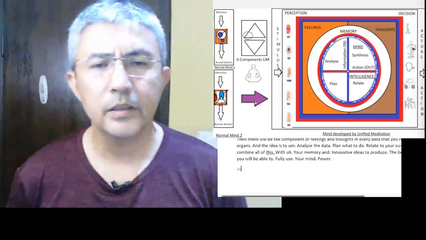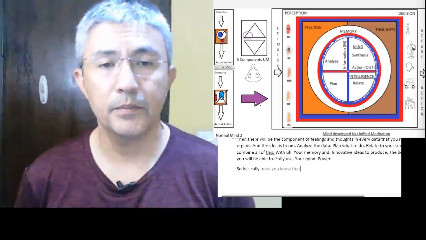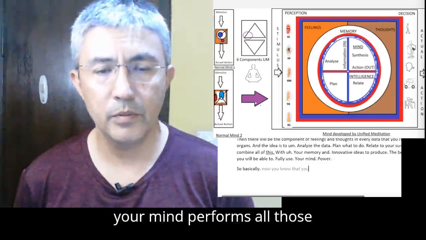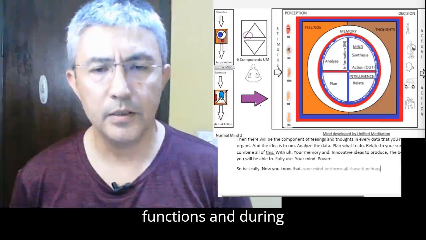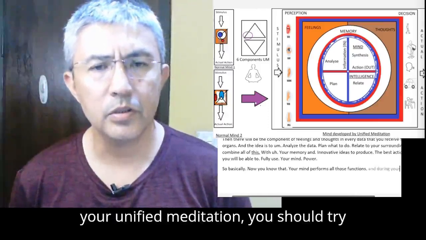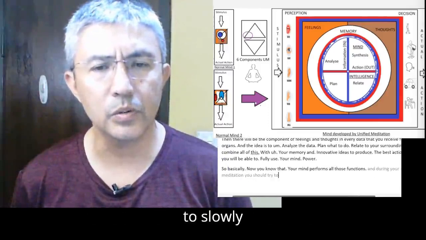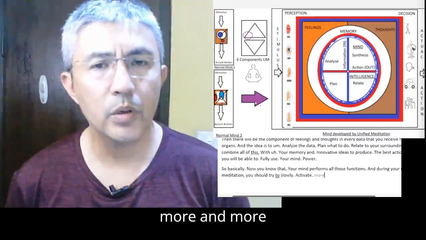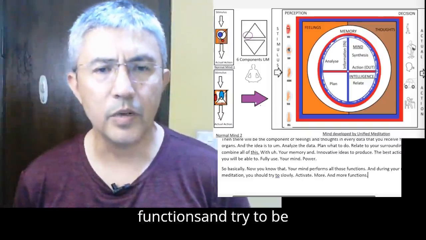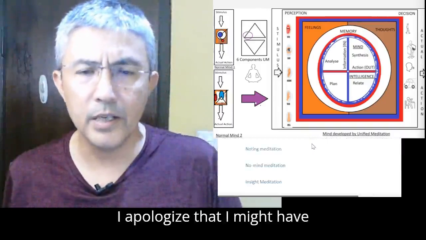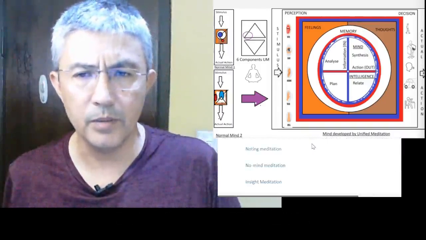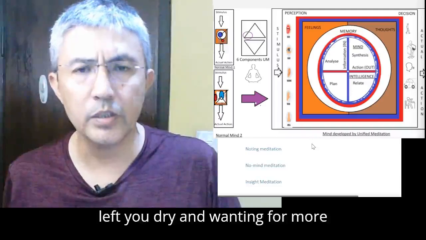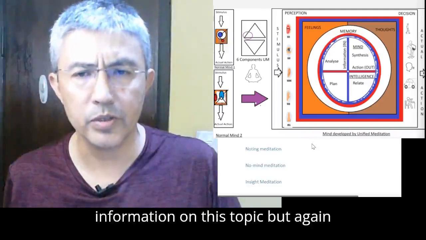So basically, now you know that your mind performs all those functions, and during your unified meditation, you should try to slowly activate more and more functions and try to be aware of them. I apologize that I might have left you dry and wanting for more information on this topic.